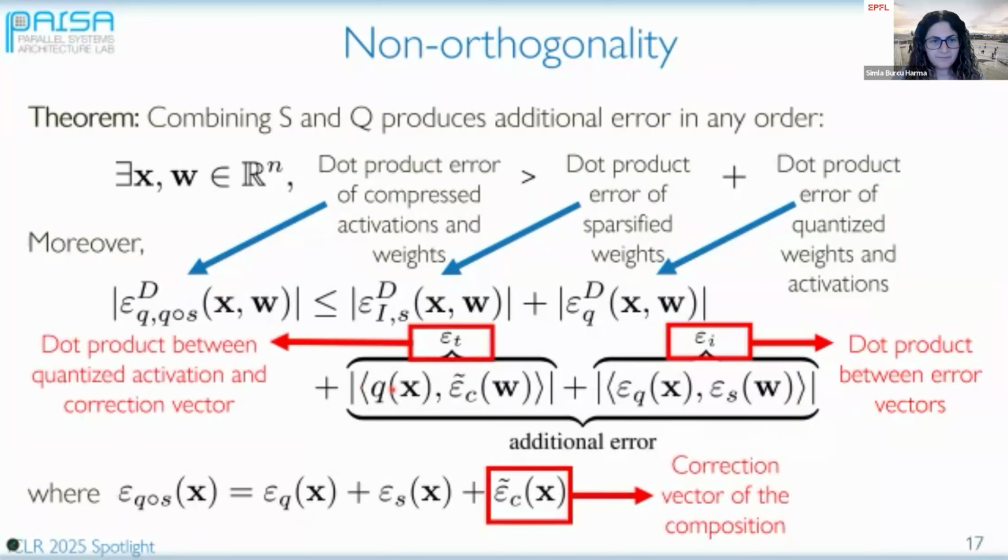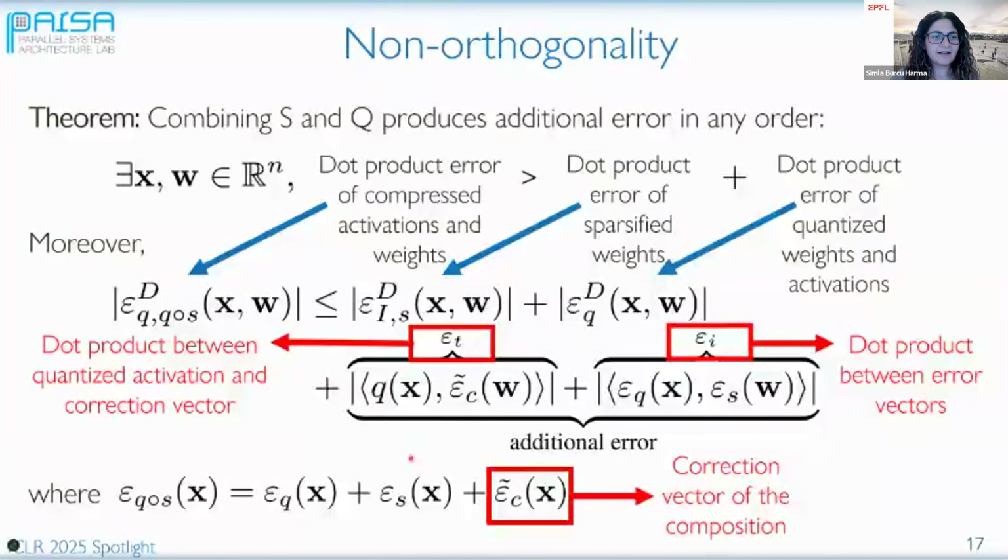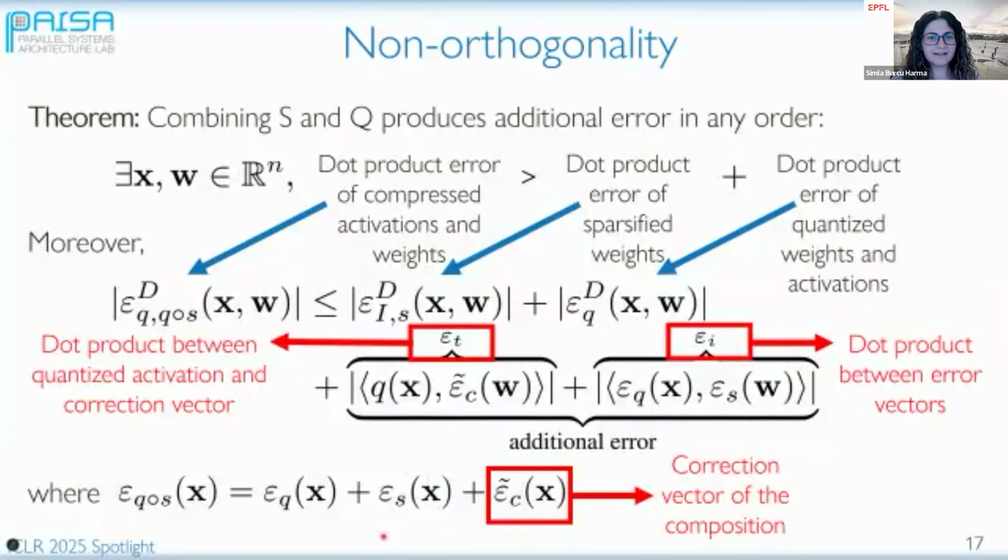And epsilon T, the dot product between quantized activation here and the correction vector. Correction vector is a term that carries the additional error from the tensor level to the dot product level.